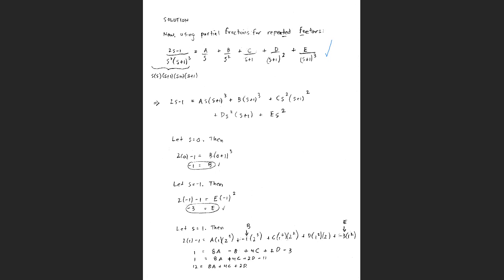So what I'm going to do is multiply both sides of this rational equation by s squared times s plus 1 cubed, the least common denominator.